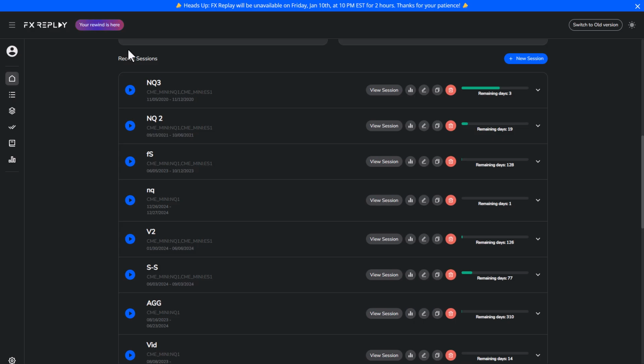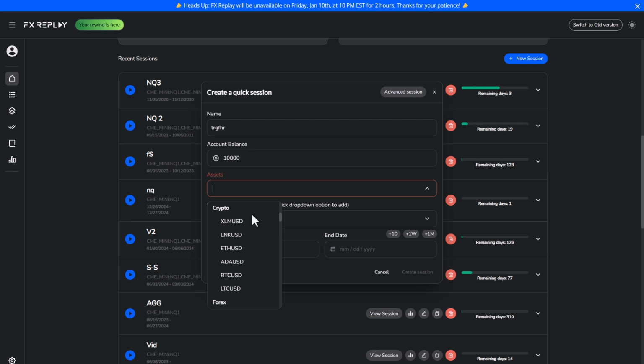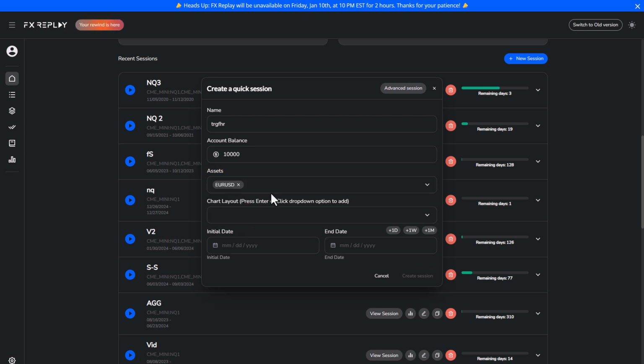All right, so let's create a random session from here, and we can use Euro USD. I don't trade it anymore, but let's use Euro USD, and we can use DXY for that second condition or third condition, which is SMT.